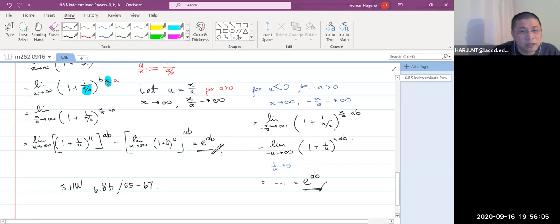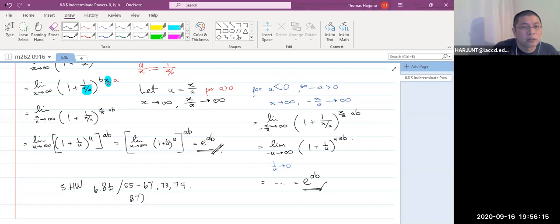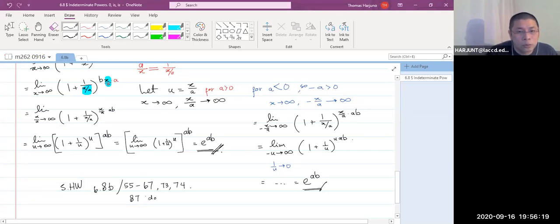Number 73, 74, and number 87. For number 87, use my technique. Two methods: the limit with natural log and my method.